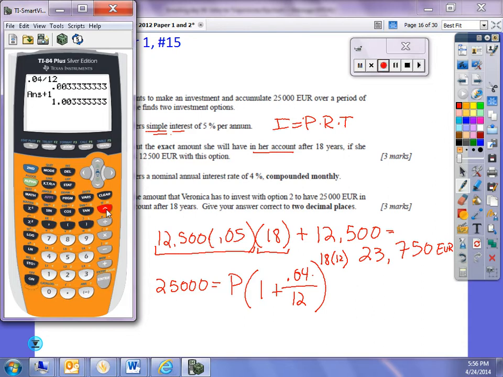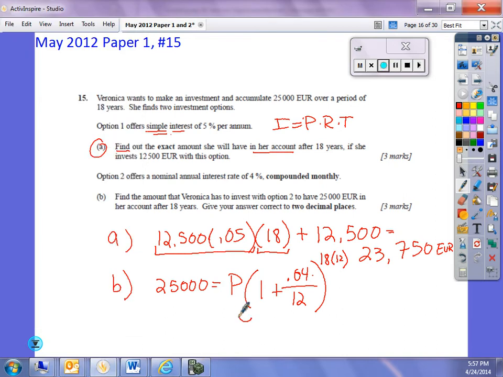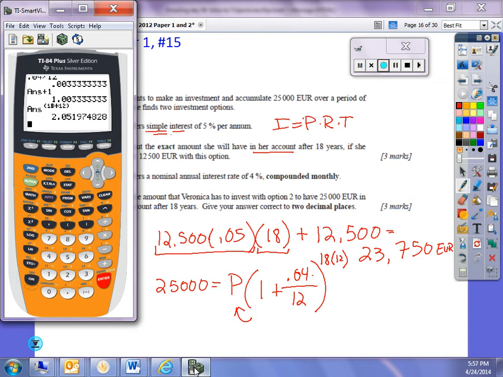Raise that number that you got, I did second answer, to the power of, and now in parentheses, because I like parentheses, I'm going to put 18 times 12. Enter. 2.051974828.